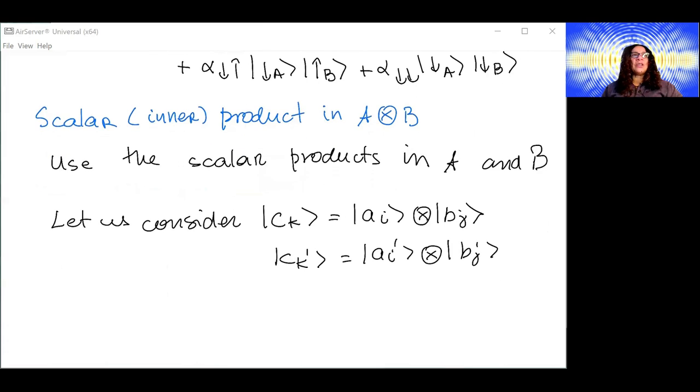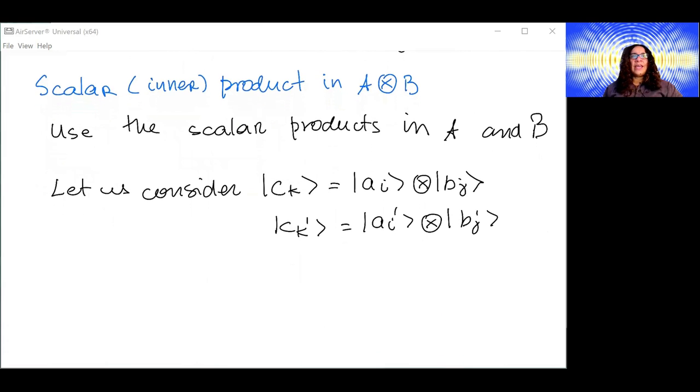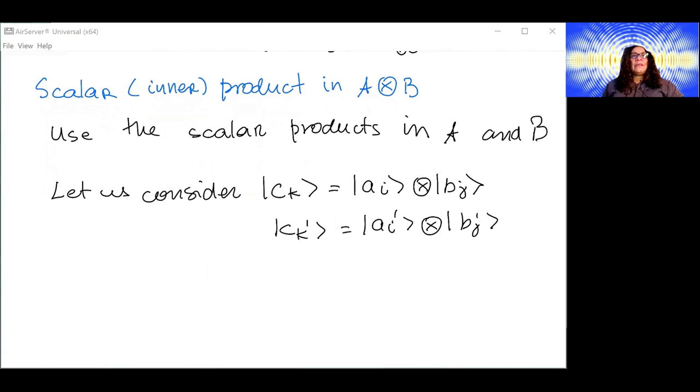What we would like to calculate is the inner product of CK and CK dash. This is what we don't know.